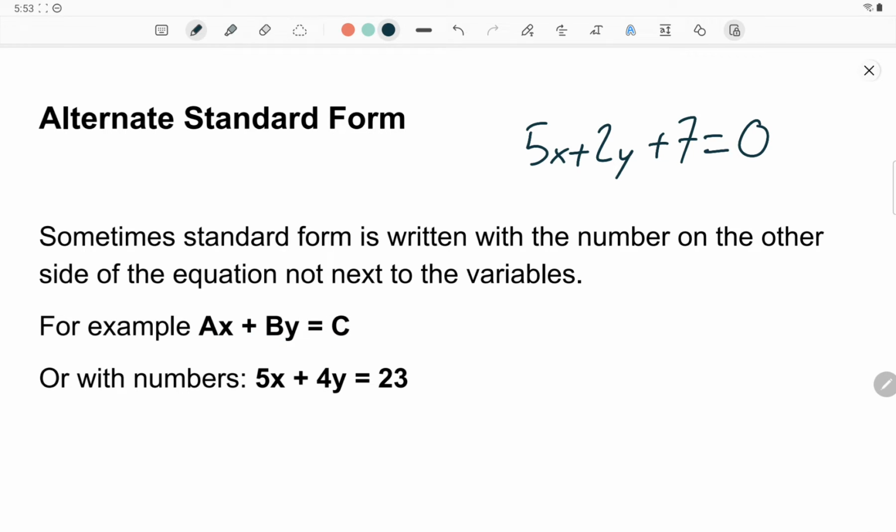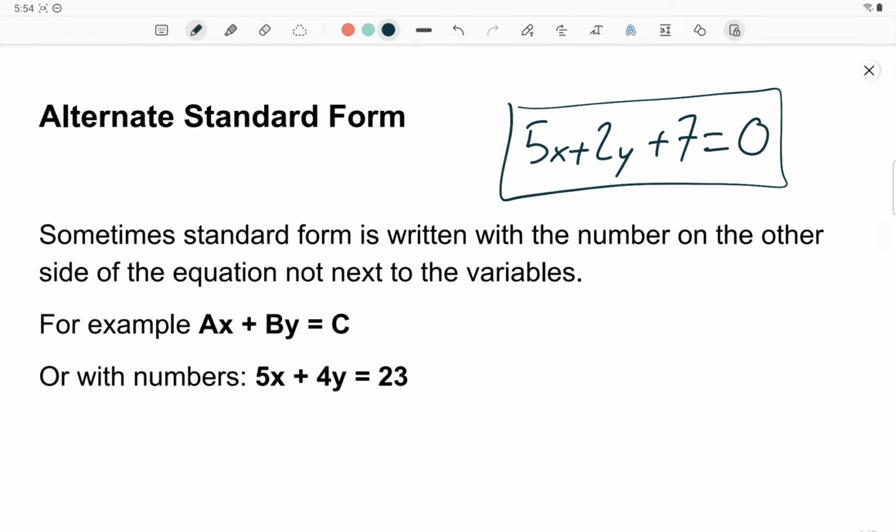That is still a legitimate standard form. But for the purposes of our course, we're going to go with this form here, the numbers and variables all on one side. I just wanted to make sure that you were aware of this other standard form that you might see if you're looking things up.